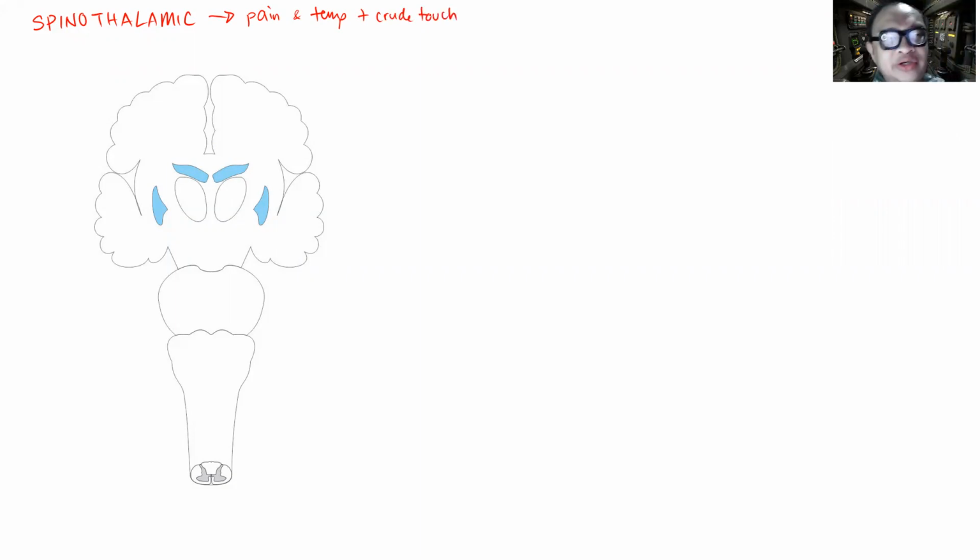Okay, pressure, crude pressure. And just to elucidate further, there are actually two distinct spinothalamic tracts. You have your anterior and you have your lateral.